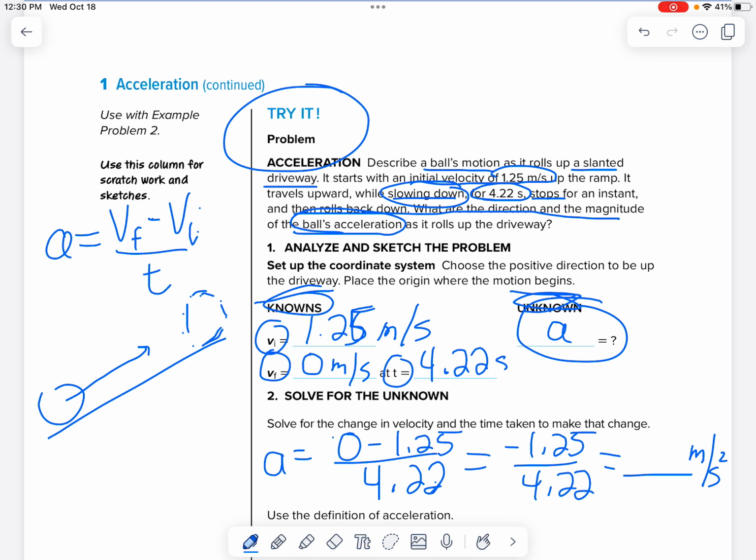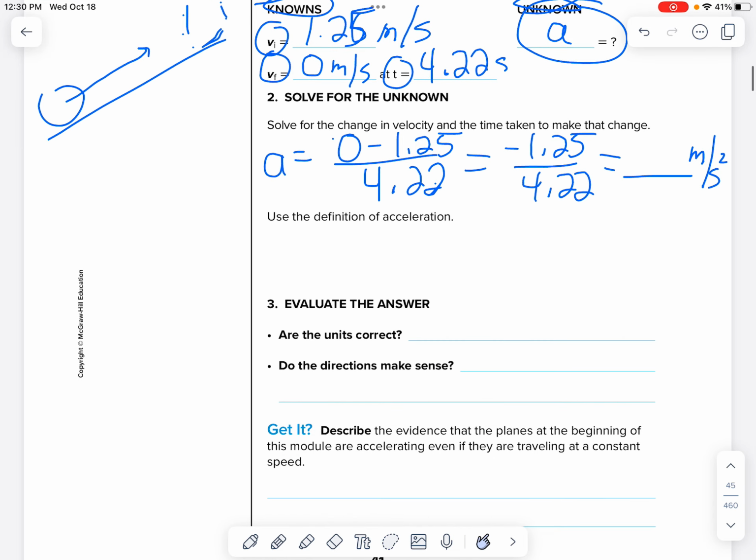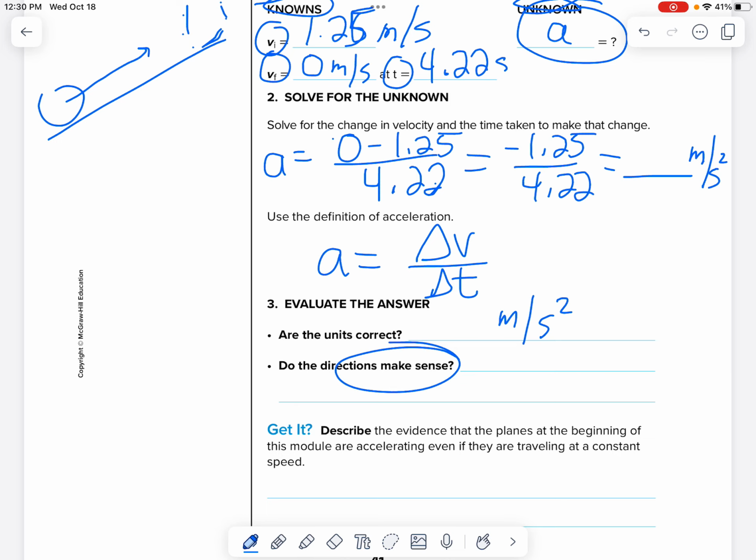Okay? So as mentioned, the definition for acceleration is the change in the velocity over the change in time. And that's what was given to us. Units have to be for acceleration in meters per second squared. And yes, it makes sense.